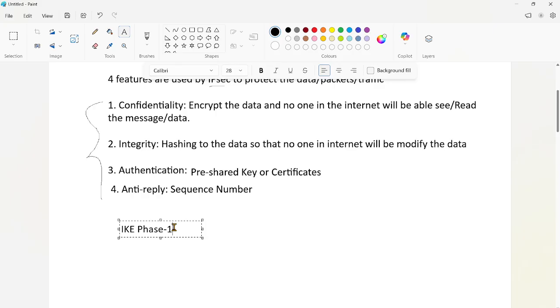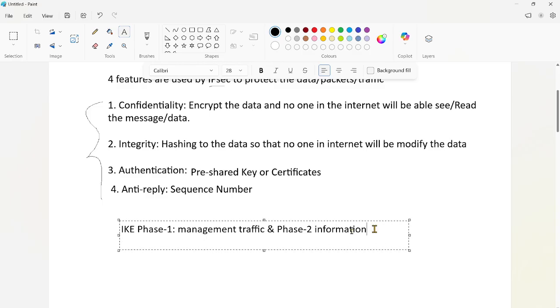Mostly, in IPsec, phase 1 is used to send management traffic, as well as phase 2 information, whatever information is required to build a phase 2 tunnel. Once the phase 1 tunnel is built between your branch offices, it is used to share and negotiate the phase 2 information inside the phase 1 tunnel.